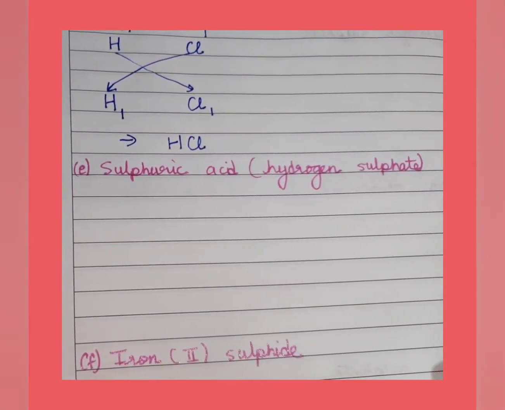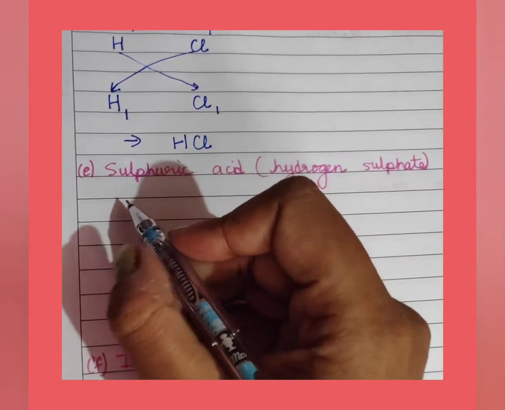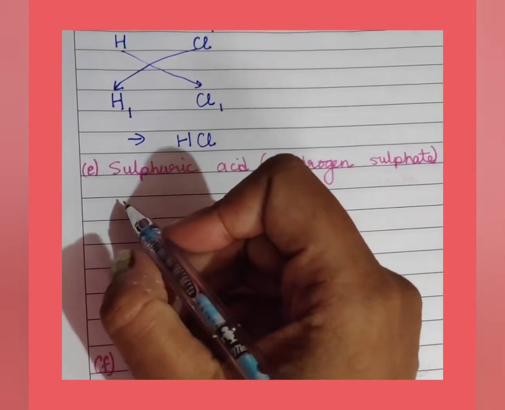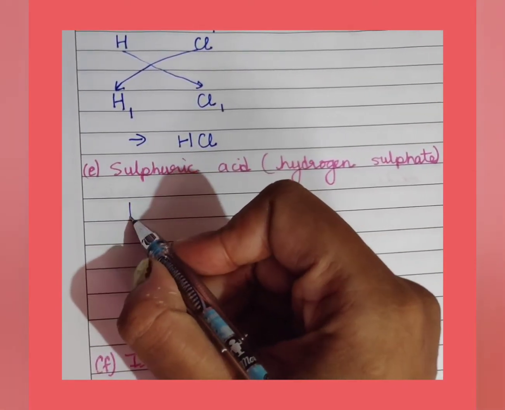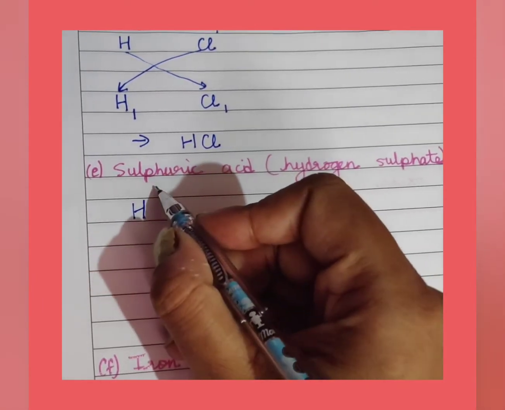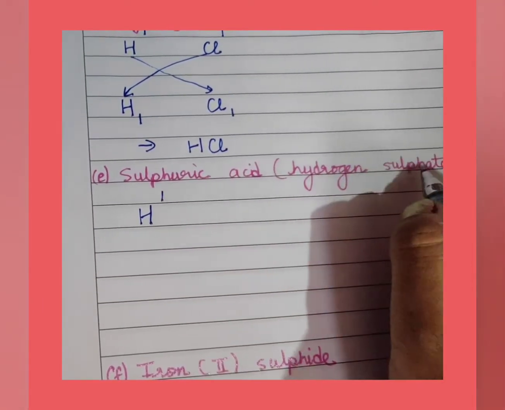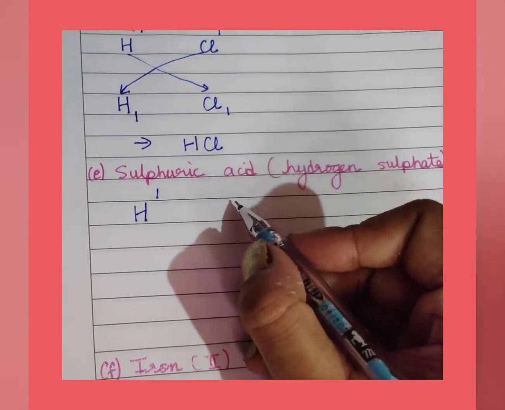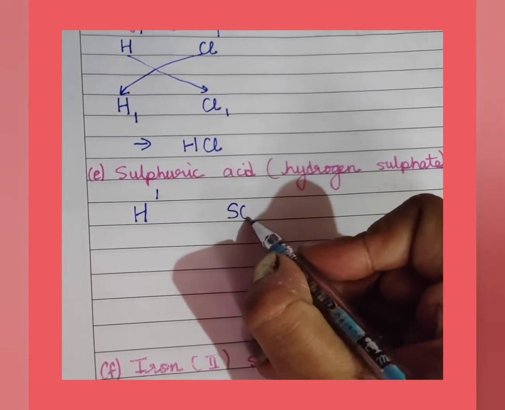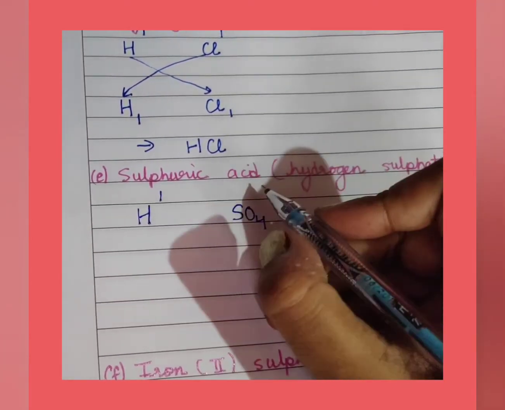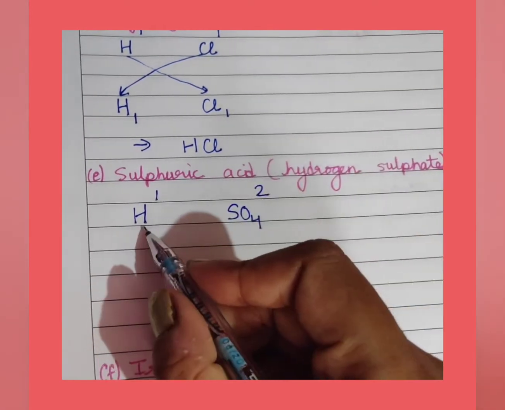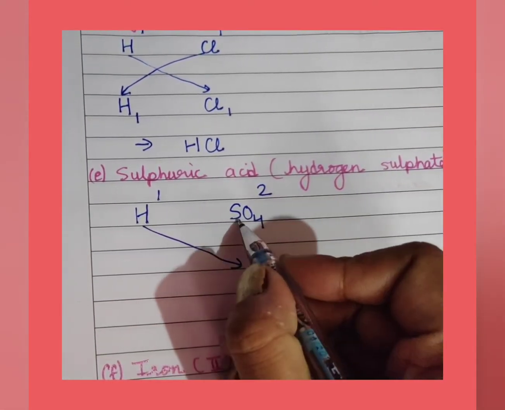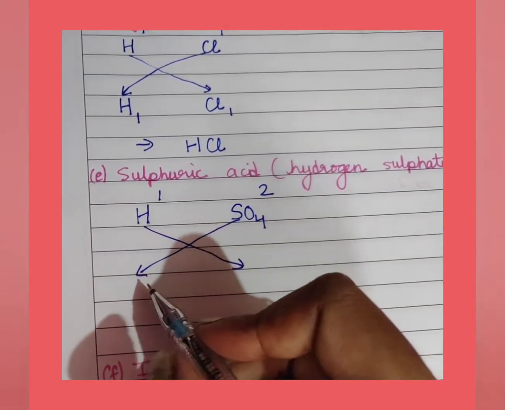Next is sulfuric acid. We also call it hydrogen sulfate. So for sulfuric acid, hydrogen has valency 1, and sulfate, what is the formula? SO4, and what is its valency? 2. Now they are going to interchange their valencies.